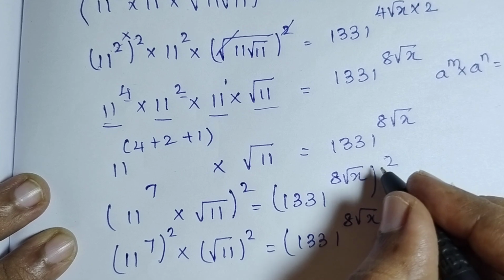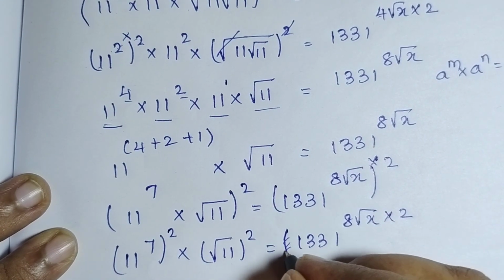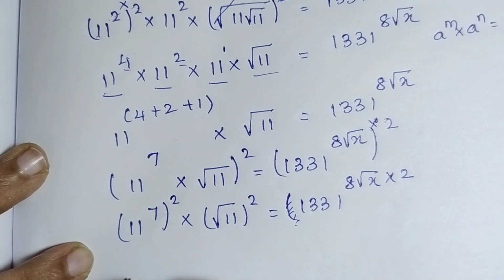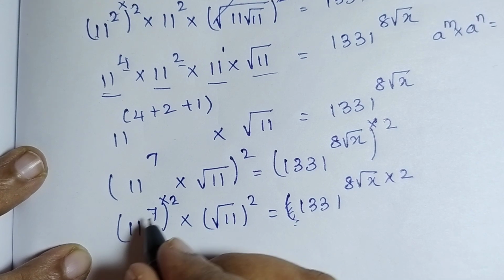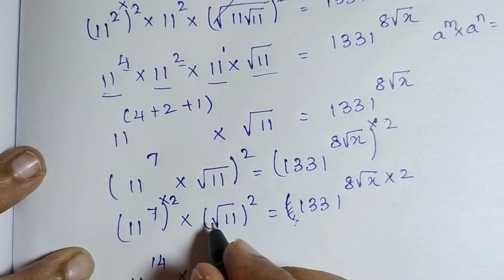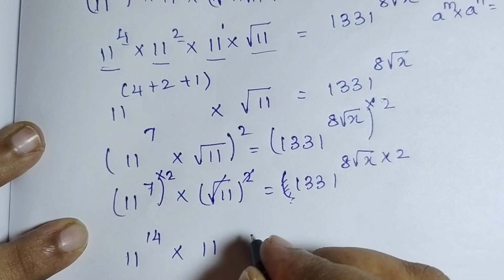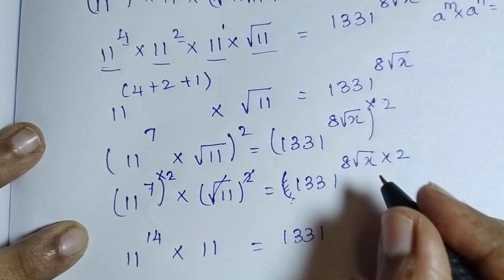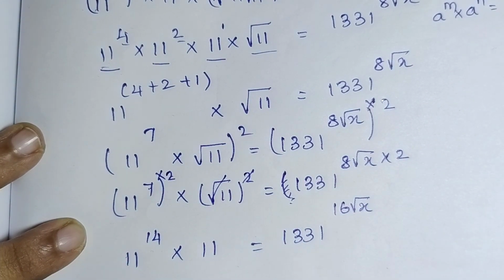So this will be in multiplication, both get multiplied by 2, so no need of this bracket. Therefore 7 power 7 into 2 is 14, into root 11 whole square, the root and square get cancelled, therefore 11 here, which is equal to 1331 to the power of 8 2s are 16 root x.